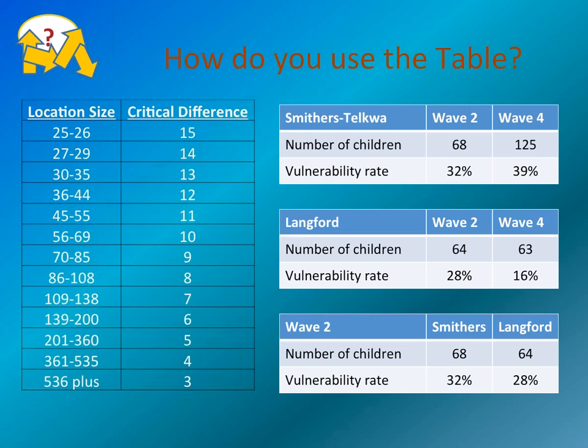I think that might be due to how many times we went back to collect data in Smithers in wave 4. So it's an example of a place where we maybe only collected it once within 3 years, initially in wave 2. But as we moved through time, we realized it was quite small, and so we actually started sampling more years so we could bring the numbers up, so we could have a lower critical difference value.